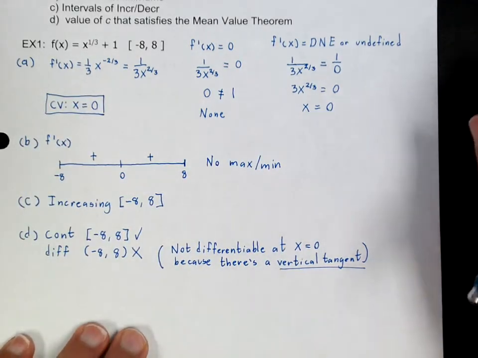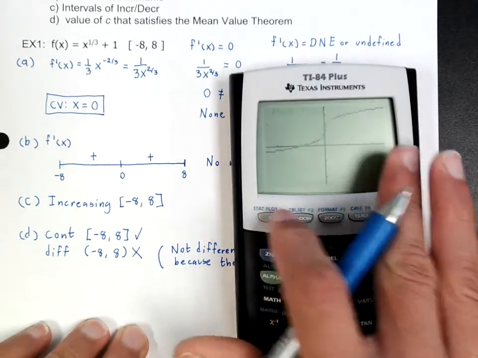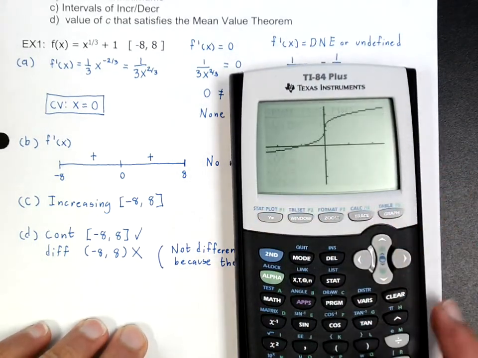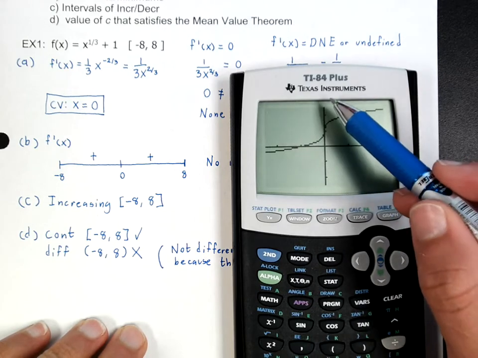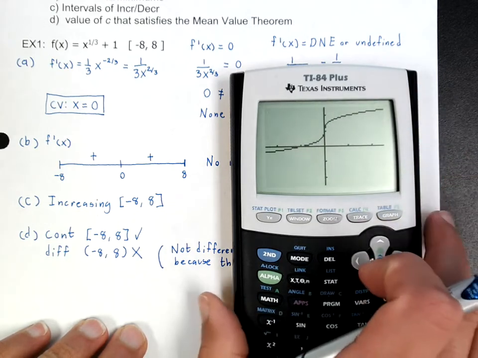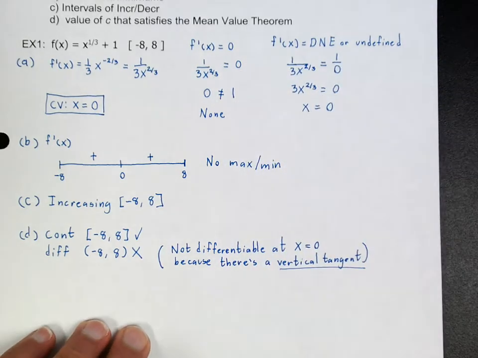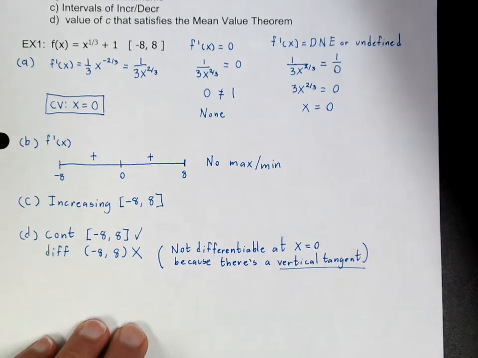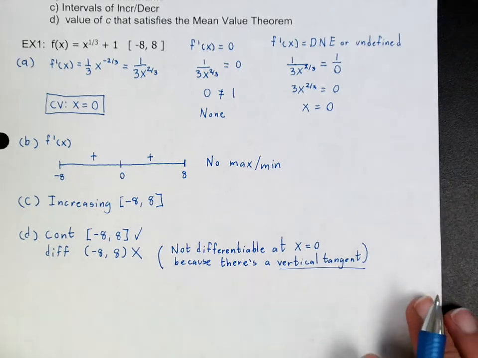At this point, I can actually show you the graph of x to the 1/3 power plus 1, and that's what that looks like. And you can actually tell that at this point right here, at x equal to 0, you have a vertical tangent, okay? So just be aware of that. You may use the calculator, but you should also have enough mathematical knowledge to figure this out without it, all right? Especially in this problem. Not all of them, but this problem you could definitely do without a calculator.